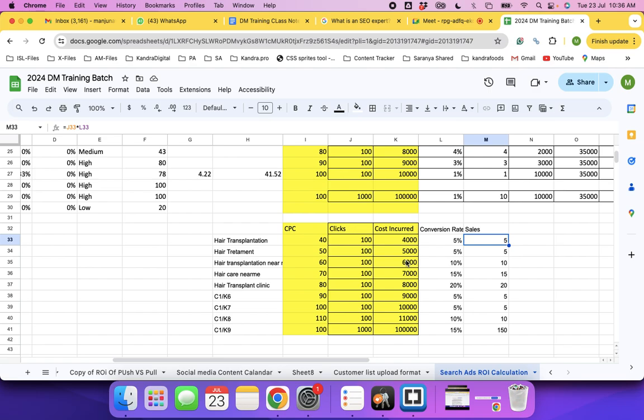I am not getting it. So you spent 4,000 rupees, correct? And you got 5 sales. Okay, so you took 10 rupees to a shop and you got 5 chocolates. What is the cost per each chocolate?